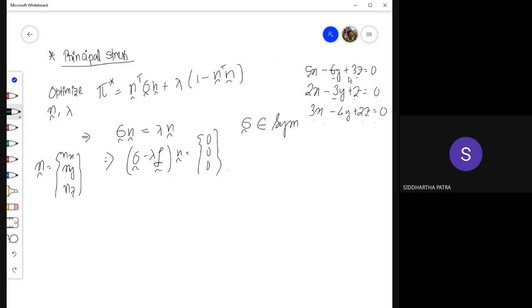So the coefficients become linearly independent, which means the rank of this matrix. This itself is a matrix, right? It's a symmetric tensor, sigma minus lambda I. Either the rows are linearly independent, or in other words it has a rank of 3, or it is a non-singular matrix.